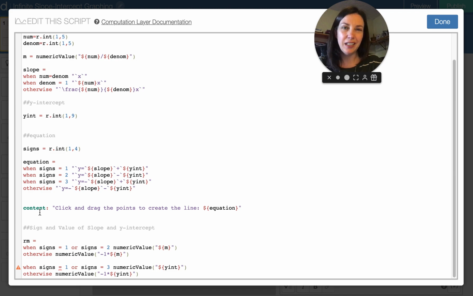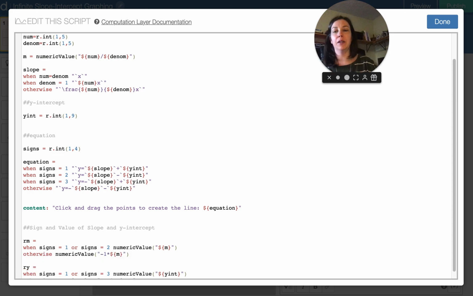I feel like $500,000 right now. All right, it's not liking this equal sign. Oh, so I'm going to call it ry. So the real slope is rm and the real y-intercept is ry. Okay, $1 million again.